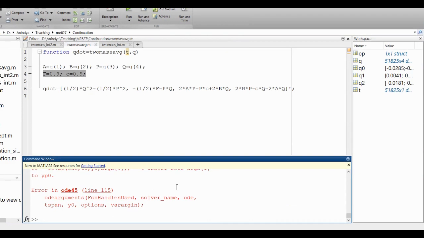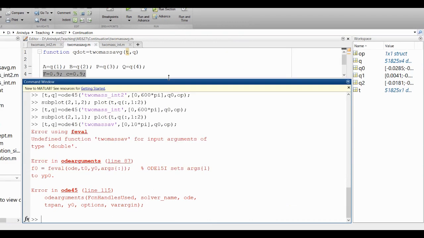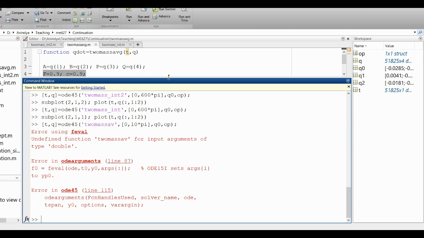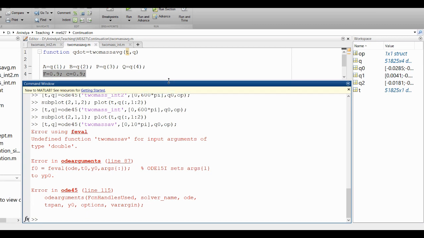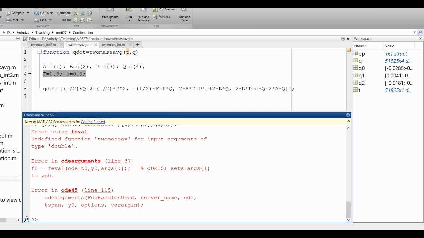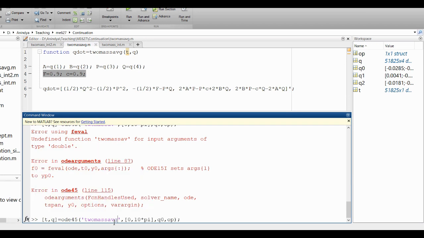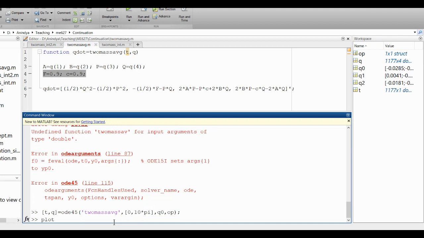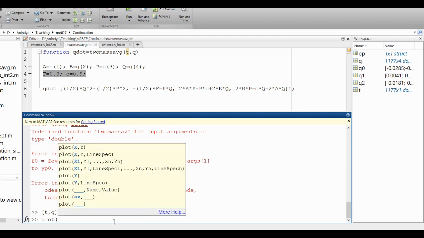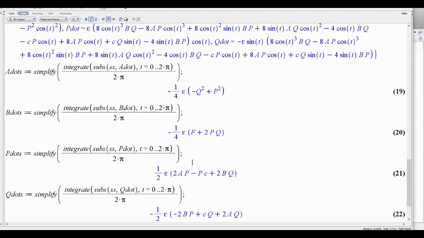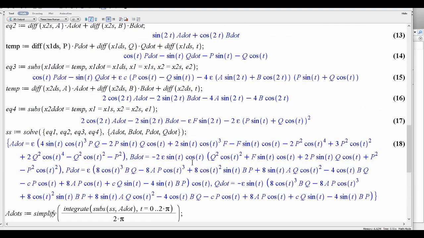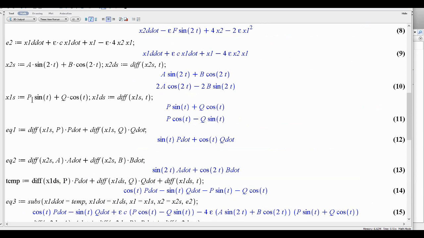Let's see what the problem is. Two mass, AVG, nothing, no real problem. Now you must remember that I have amplitudes. So A and B together determine the amplitude of x2.